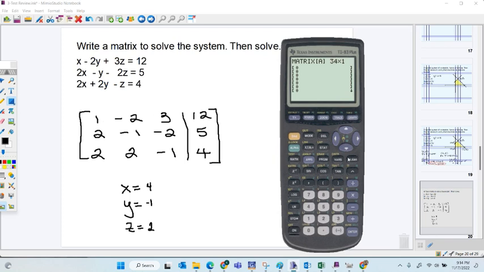3 by 4. We'll put in all of our numbers. Negative down here.